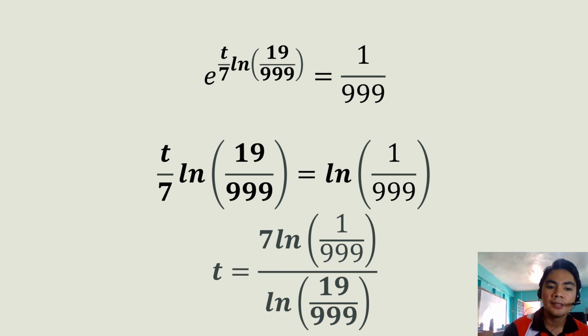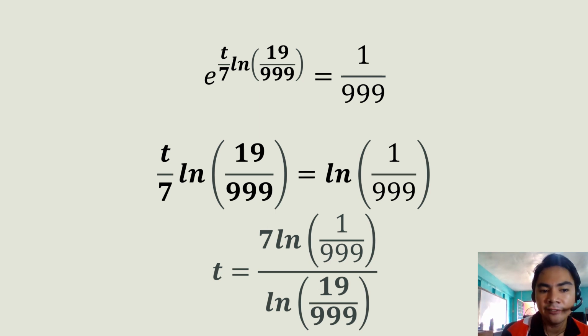Applying the law of natural logarithm, we now take the natural logarithm. So we have t over 7 ln of 19 over 999 is equal to ln 1 over 999.